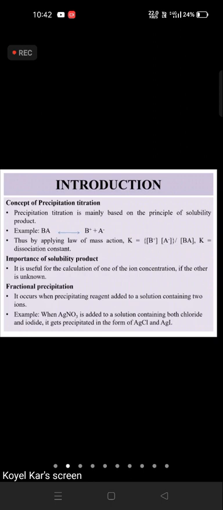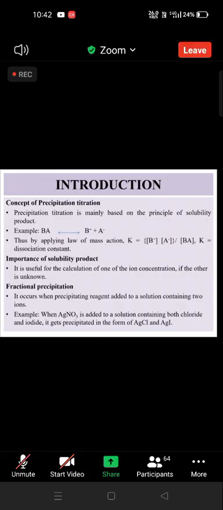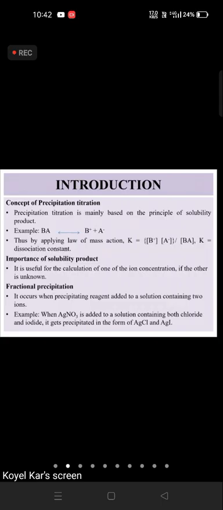That means in precipitation titration, if you want to find out the concentration of any ions, you can find it out by applying the law of mass action. For example, NaCl will dissociate into Na plus and Cl minus.